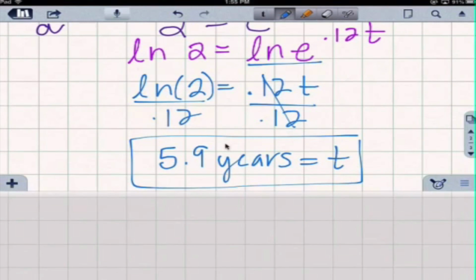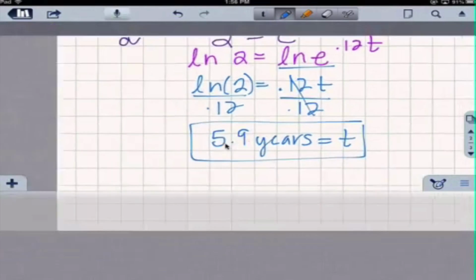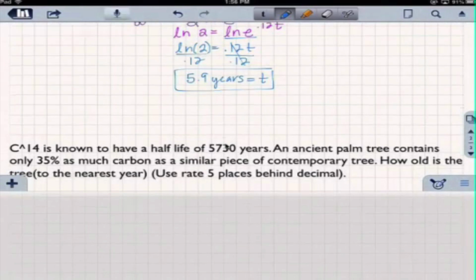So there will probably be 3 or 4 of these basic word problems that are just one step. Sometimes I might be finding y, sometimes the rate, sometimes the time, sometimes the initial investment. But what makes them a little bit easier is there's only one step.